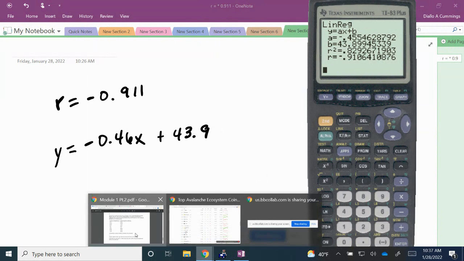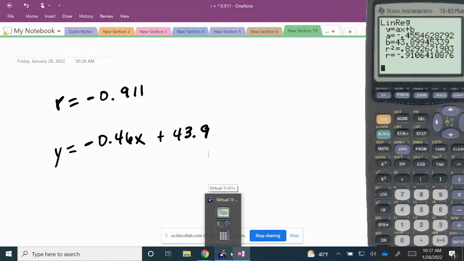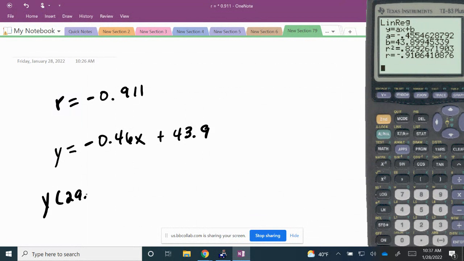We're also asked to calculate the run time for an oxygen amount of 29.07. So here again, I want to find y of 29.07.